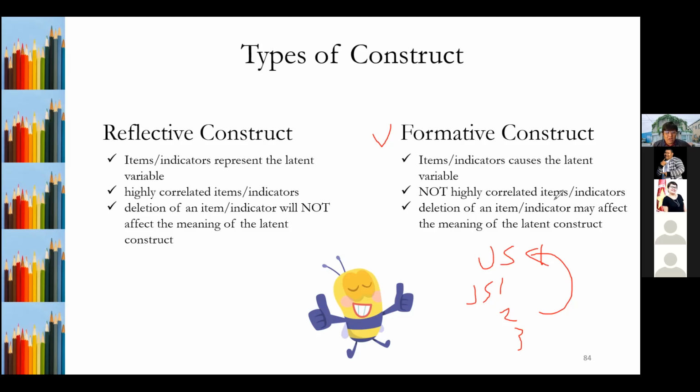And number 3, in a formative construct, deletion of an item or indicator may affect the meaning of the latent construct. If we delete, for example, job satisfaction 1, nagbabago yung meaning ng job satisfaction construct mo. So that is the difference between a reflective and a formative construct.